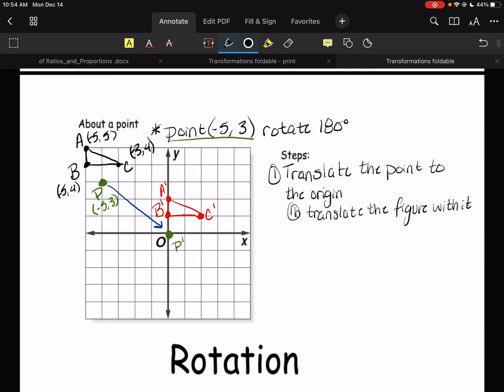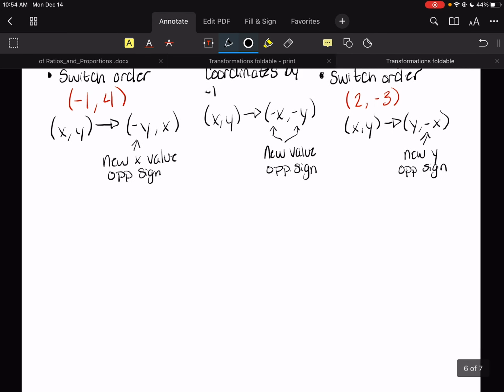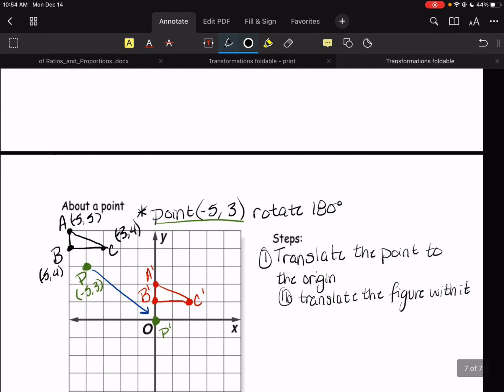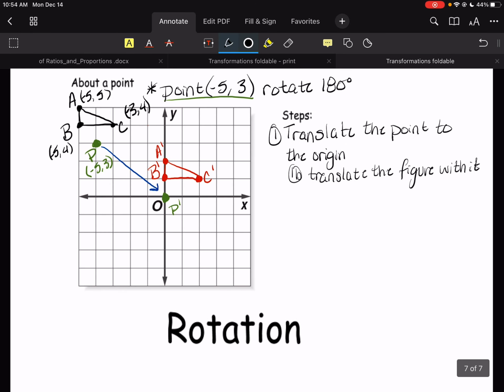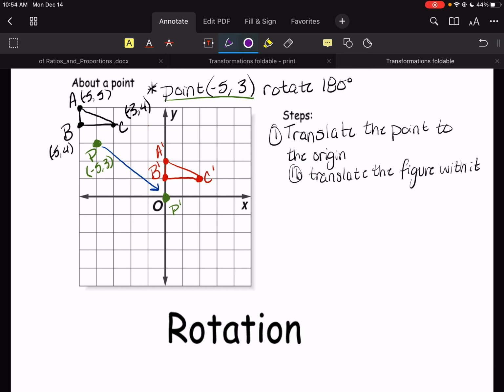Okay, so next we can just do what we're used to doing. The rule for 180 degrees, if we go back up, is just to make both of the points the opposite of what they are. If they're positive, make it negative. If it's negative, make it positive. So I'm going to choose purple here so that way we can rotate this. C here is now 2, 1.